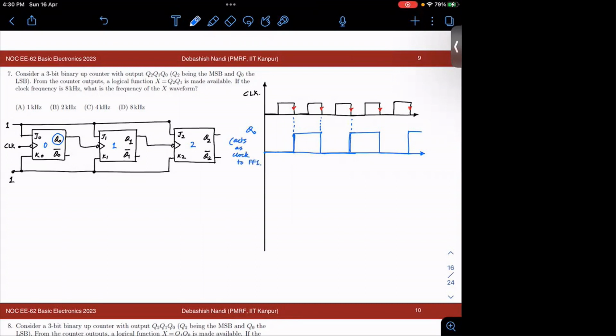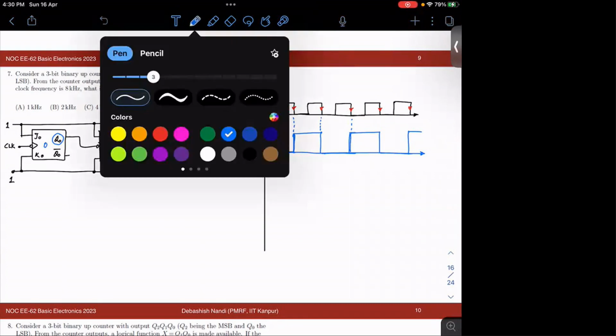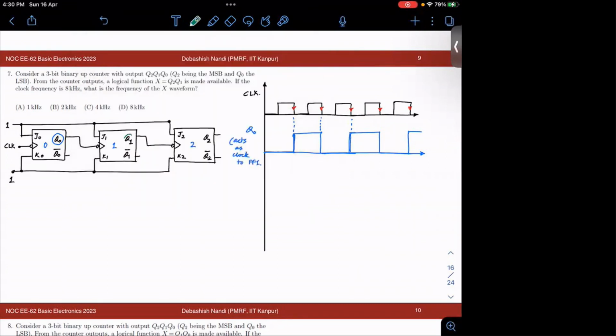So similarly, let me show it in green color. We would see the negative edges here, fine? Because this is the clock signal for negative edge triggered flip-flop number 1.